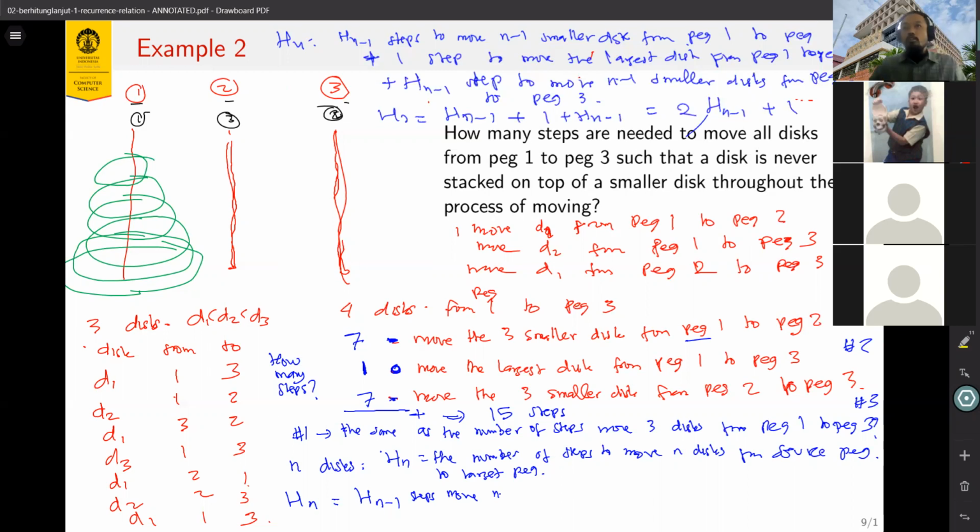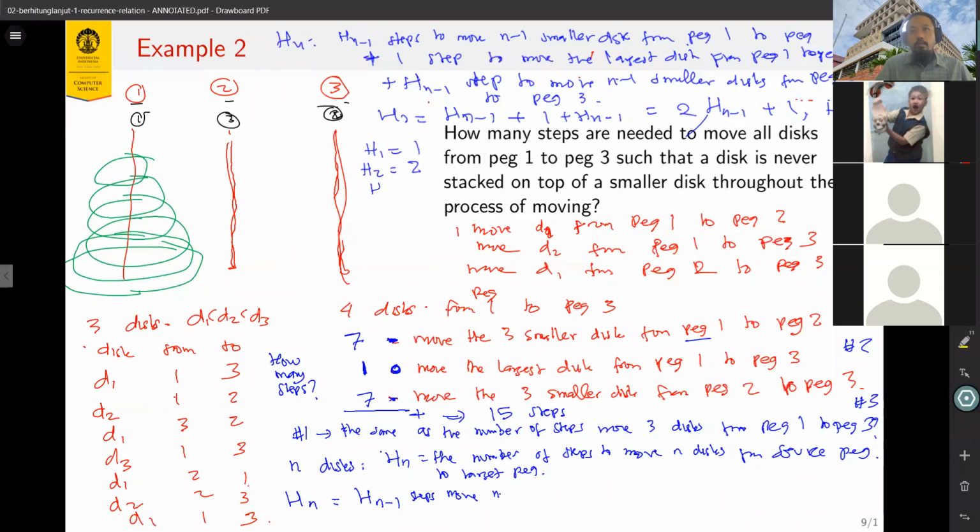Now, what is the initial condition? Let's call it H1 is 1, because we only need 1 step to move 1 disk from peg 1 to peg 3. Any question at this point? So we have H1 is 1, H2 is, as we saw, 3.